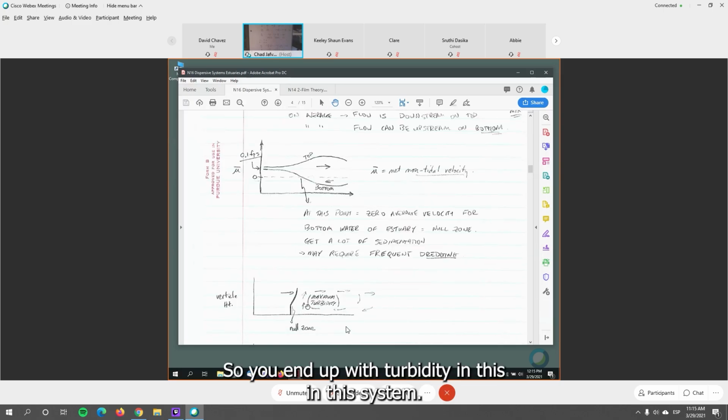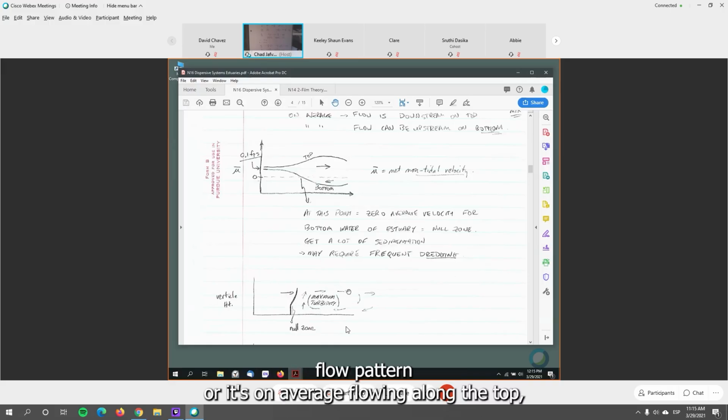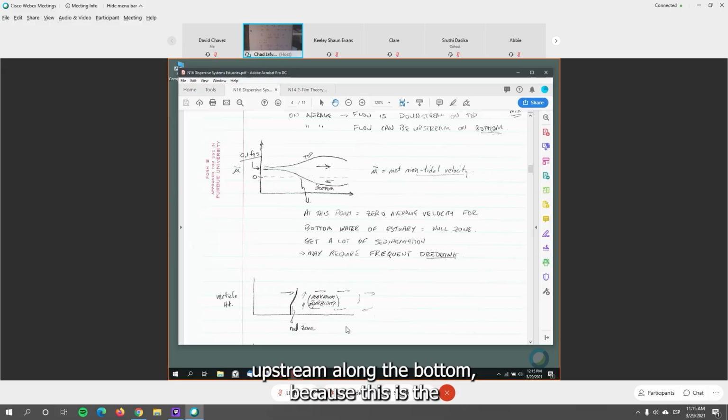Okay, so you end up with turbidity in this system, but the vertical gradient is, hey, at least in the river, moving towards the ocean, but then in the estuary, you get this sort of flow pattern where it's on average flowing along the top downstream towards the ocean, and then it's moving upstream along the bottom because this is the saltier water that goes deep and the fresher water floats on top of the salty water.